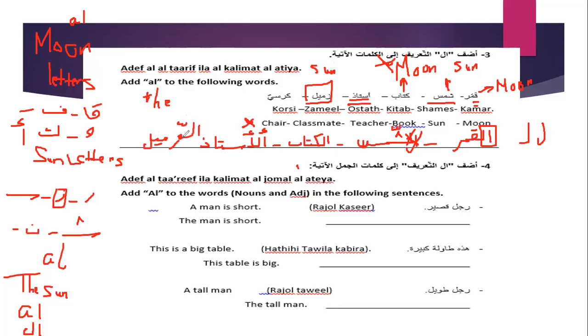Do I read it al-zamil? No, I have to cross this and it becomes zamil. I cross the al and I'm stressing here by saying zamil, okay? This is regarding adding al to the following words. Now add al to the words, nouns, and adjectives in the following sentences, okay?